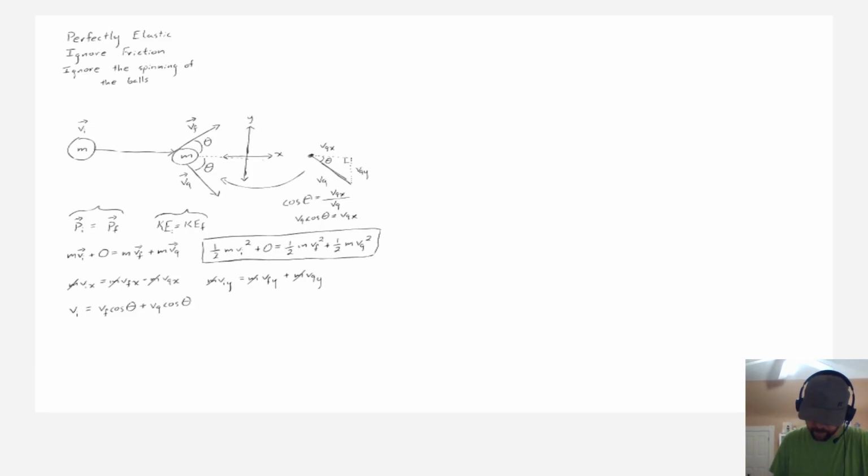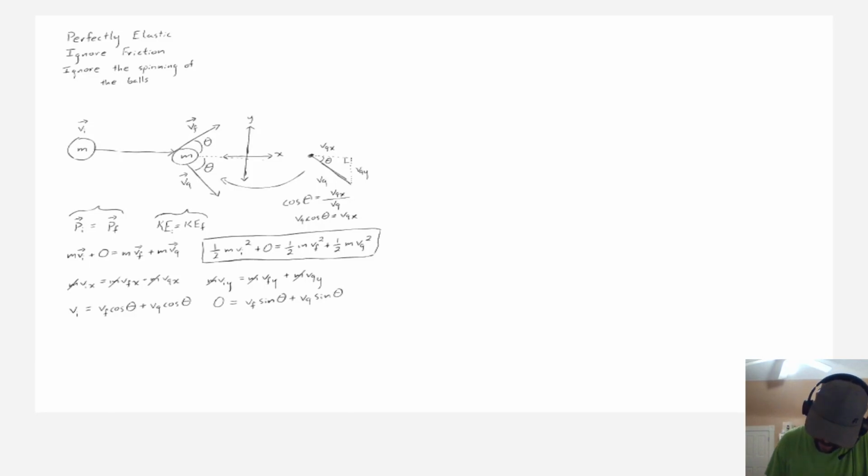We do the same thing for the y components, and velocity initial y in this case will be 0 because there is no velocity in the y direction of the cue ball, equals velocity final sine of theta plus v9 sine of theta.